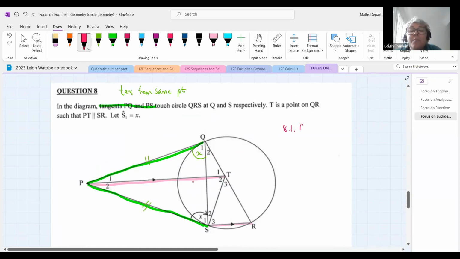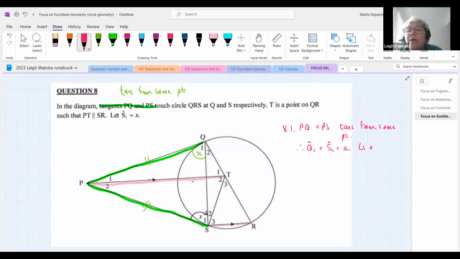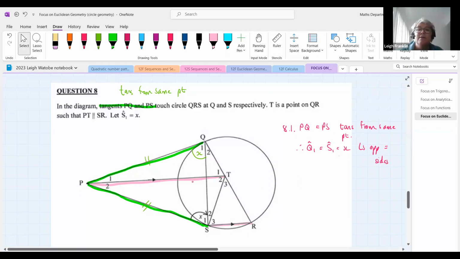We would say PQ equals PS, tangents from the same point. Therefore Q1 equals S1 equals X, angles opposite equal sides.